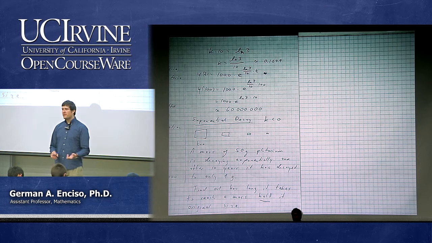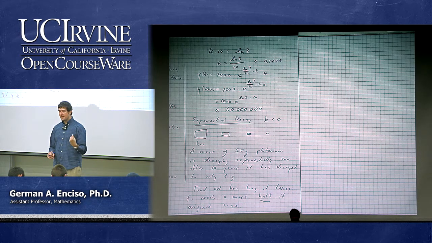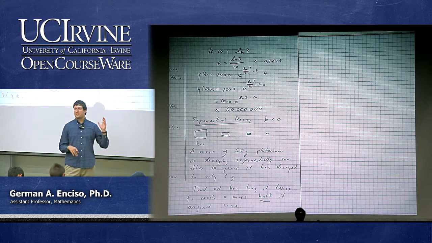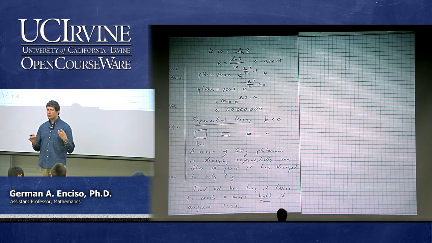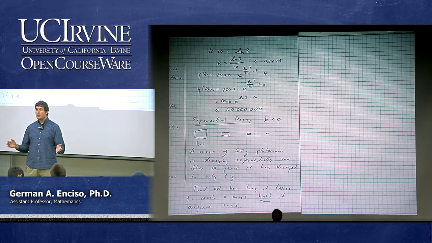So if the half-life is short, it means that it decays fast or slow? That's right, fast. If the half-life is short, say 1 year, it means that after 1 year it already reaches half its size. If the half-life is 1,000 years, that means that it's a more stable compound that takes 1,000 years to decay to half its size.